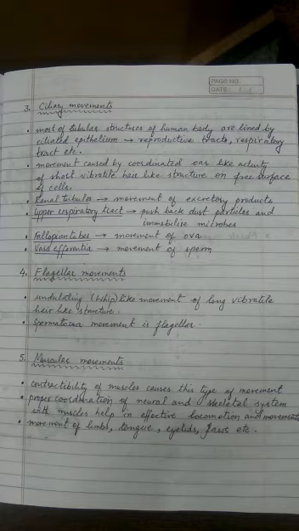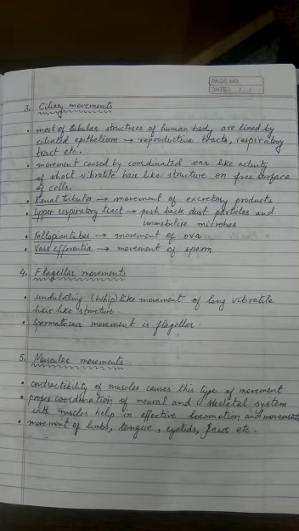Locomotion requires perfect coordination of the muscles along with the skeleton as well as the neural system. So the contractility of the muscles causes this type of movement, and remember, there is great coordination between the nervous system and the skeletal system with the muscles, and this helps in effective locomotion as well as movement.